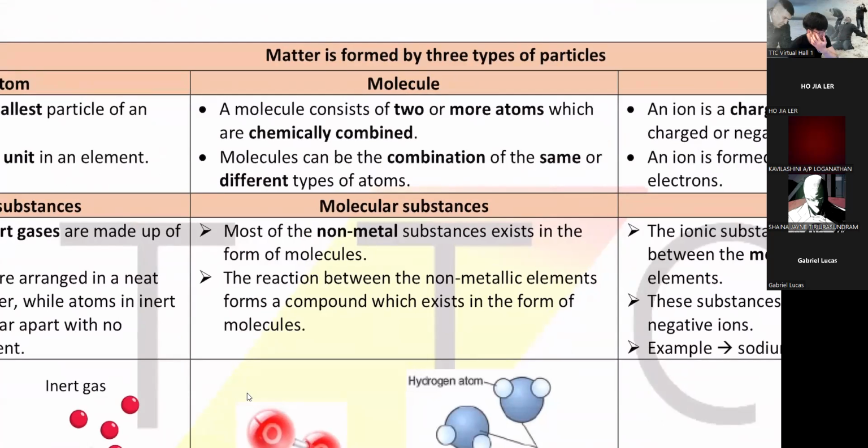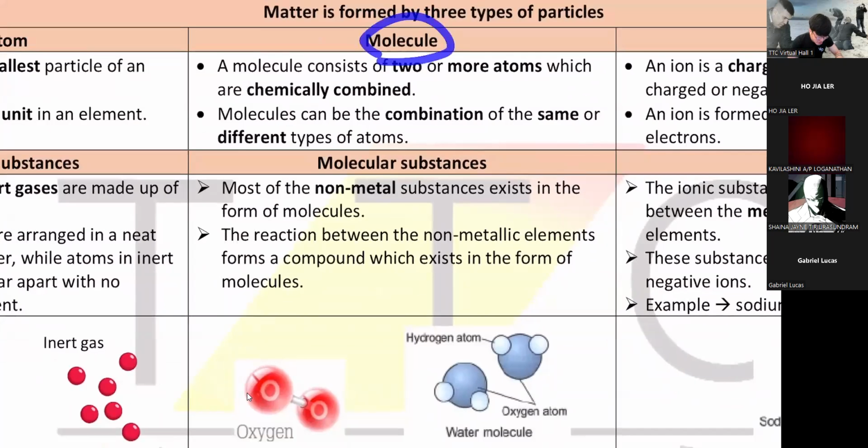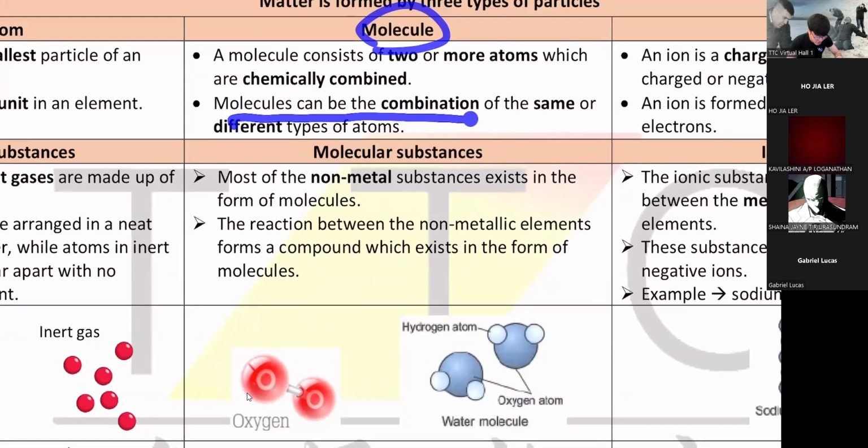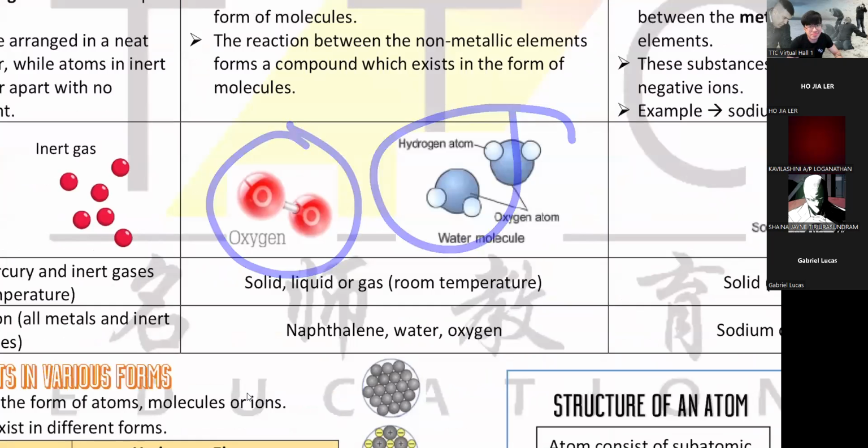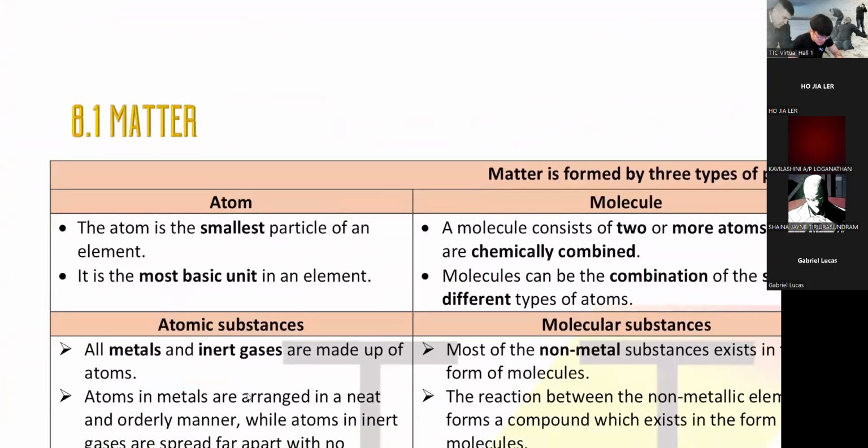The not combined one is called a mixture. That's your Form 1. So this is a molecule. Molecules can be the combination of the same or different types of atom. So that's your molecule.